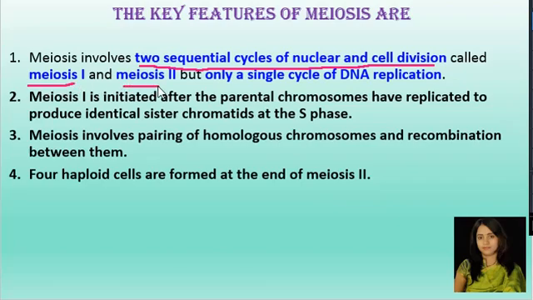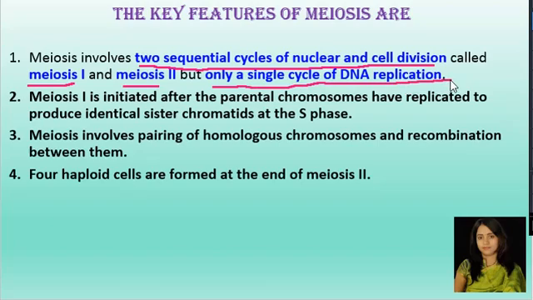In the case of mitosis, which we have studied, only a single nuclear division and single cell division takes place. But in the case of meiosis, we have studied it under 2 sequential divisions, meiosis 1 and meiosis 2. But remember, in meiosis there is only a single cycle of DNA replication.